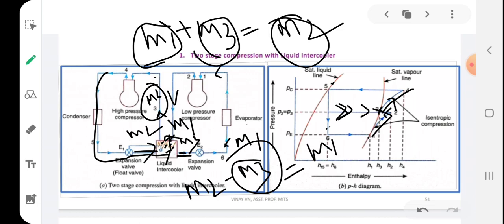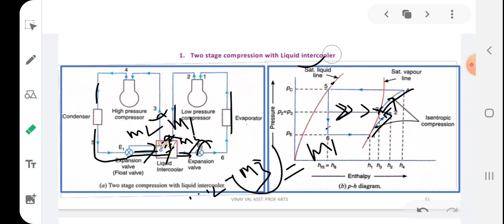So this remaining m1 passes through the expansion valve, and this m1 again continues the cycle. So this is what is happening in that system. You have to be very sure of the amount of refrigerant passing through different compressors and the expansion valve, and what amount is lost in the form of evaporation in the liquid cooler. Such things you should be aware of.